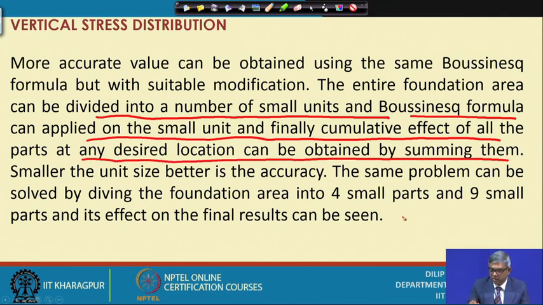That means, if I have a footing like this, I can make a number of small units, and I can consider one load acting here. I can find out the effect of this load at this point.